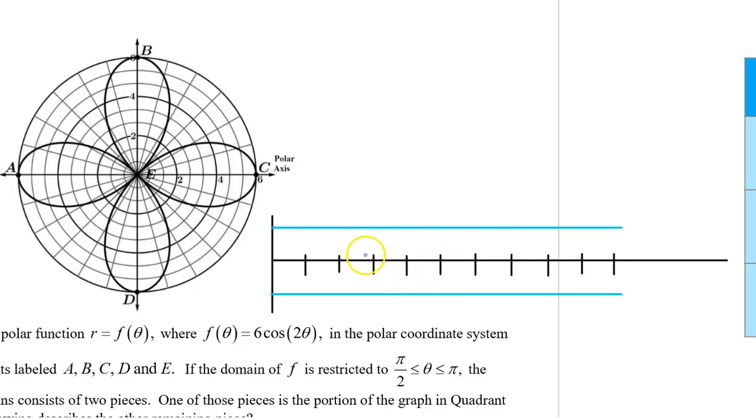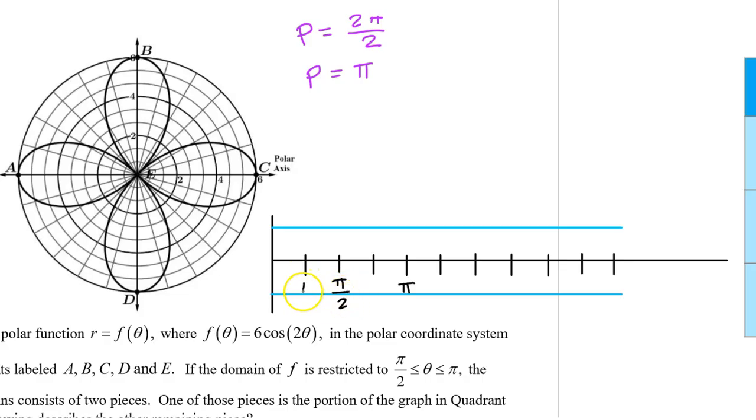Which of the following describes the other remaining piece? As before, let's make a rectangular graph. Because of the b value of 2, we know that the period will be 2 pi divided by the b value of 2. So the period is going to be pi. That's why I'm going to count out 4 quarter periods, 1, 2, 3, 4, and I'm going to call it pi. Half of that will be pi over 2.